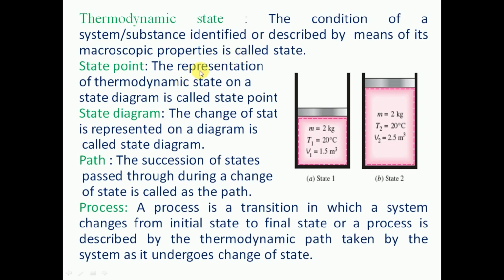Then the state point. The representation of a thermodynamic state on a state diagram is called a state point. If you represent this thermodynamic state on a diagram which is represented by any of the properties of the system, then that is called a thermodynamic state point.